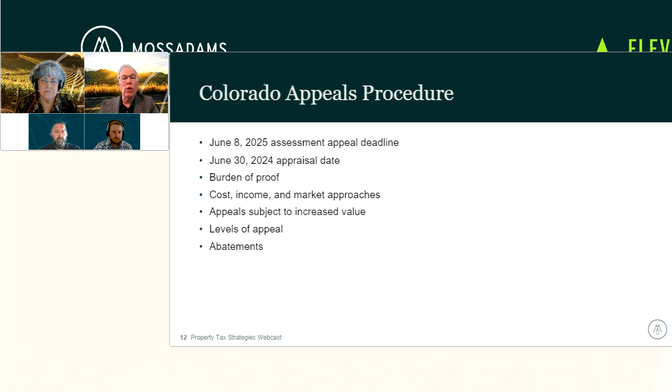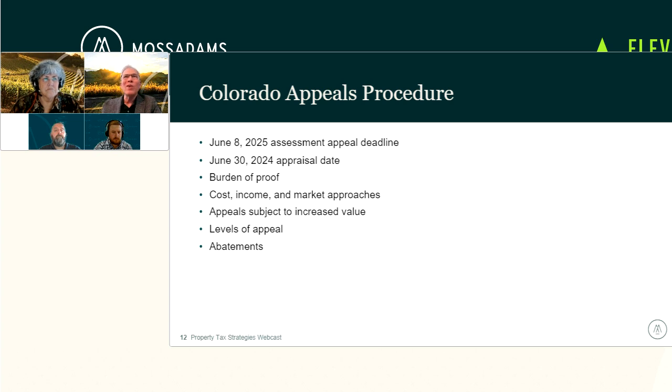Now, Colorado appeals procedures. We already talked about that June 9th, 2025 assessment appeal deadline. And you want to make sure you take advantage of that if you can. Well, when you file the appeal, what do you do? Well, you can fill out an appeal application and submit it to the assessor.